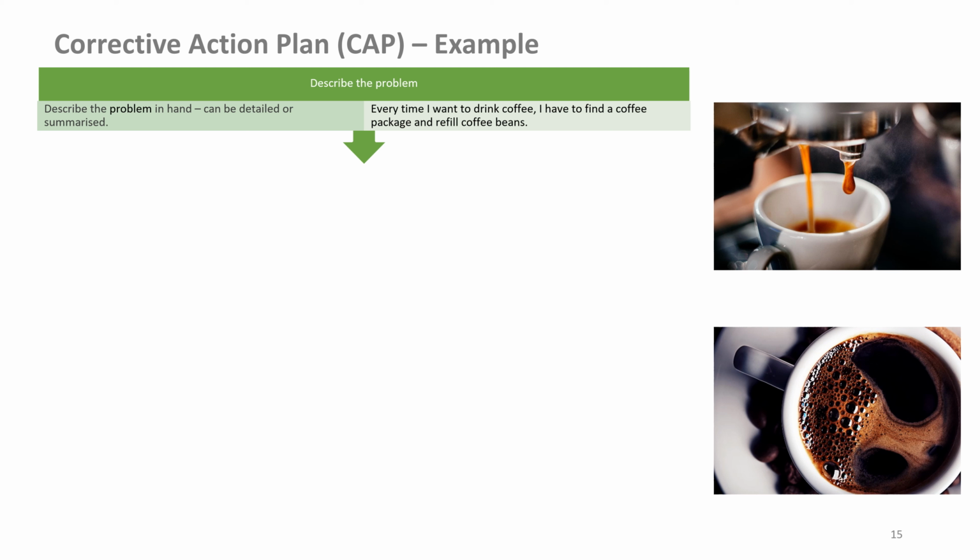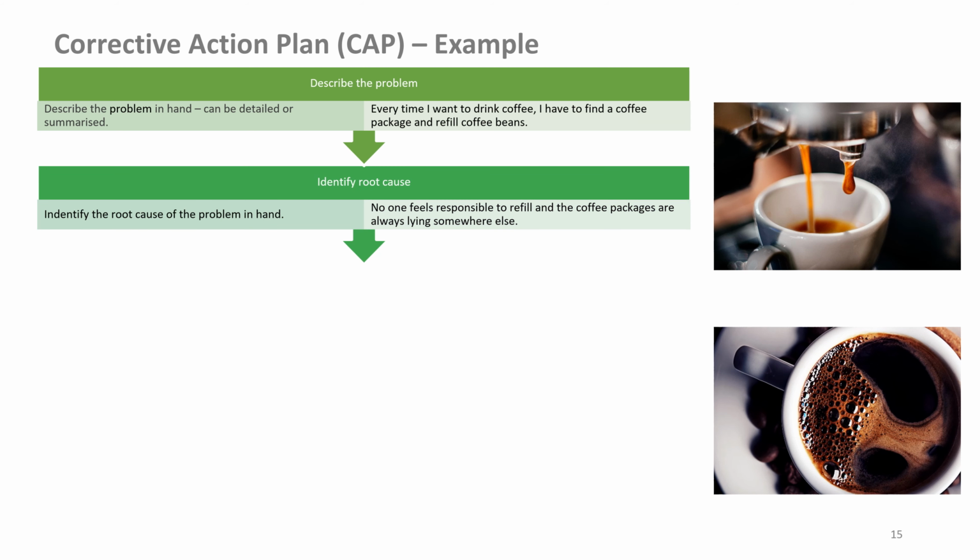Every time I want to drink coffee, I have to find a coffee package and then refill coffee beans. Identify root cause. Identify the root cause of the problem in hand.